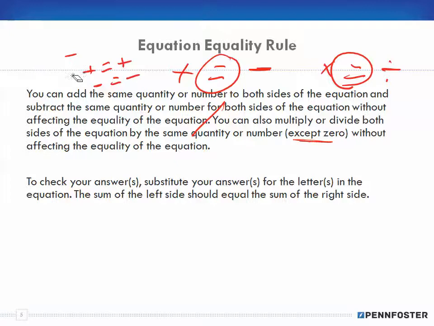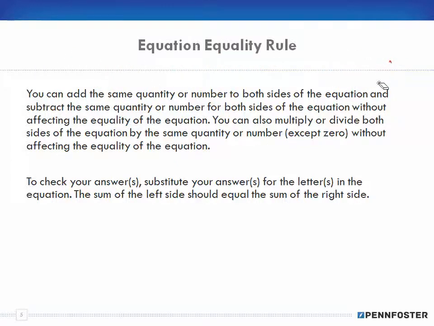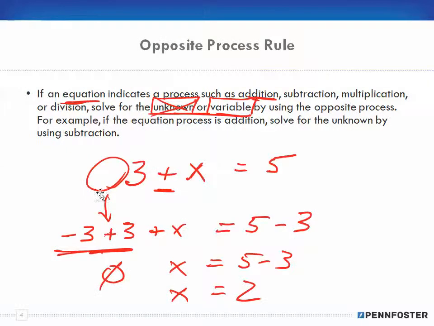Okay, and then to check your answers, substitute your answers for the letters in the equation. The sum of the left side should equal the sum of the right side. Well, in the previous slide here, we had 3 plus x is equal to 5.